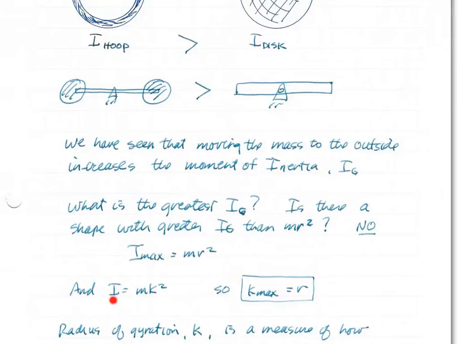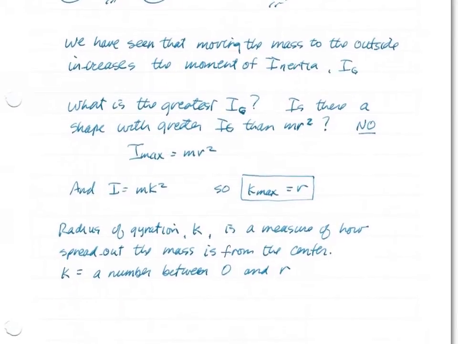And since we know that I is equal to mk squared, k max, the radius of gyration, cannot be greater than r. And so what we're going to see now is k is going to be a number between 0 and r. It can't be any bigger than r. All right, there we go.